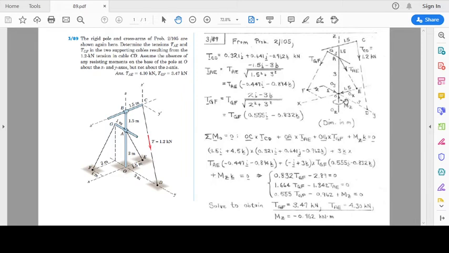So we have this Mz also, moment about the z-axis.